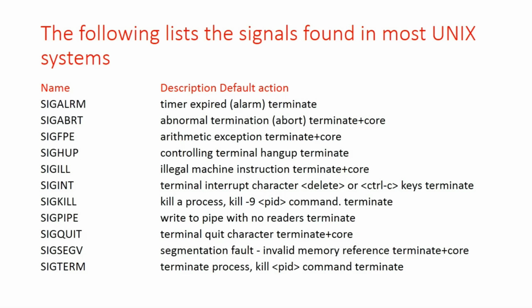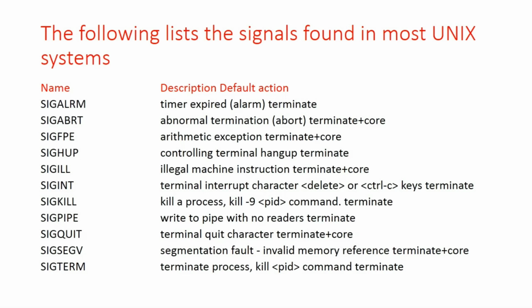SIGPIPE: the signal is generated when a process writes to a pipe with no readers, terminate. That is for inter-process communication when two processes communicate. So if there are no readers, then the SIGPIPE signal will get generated.